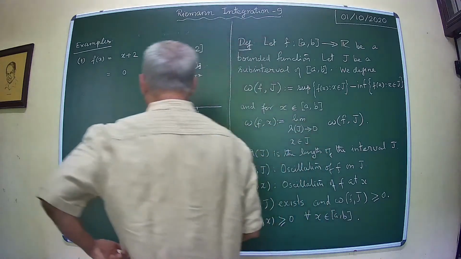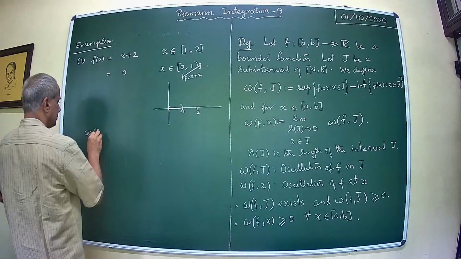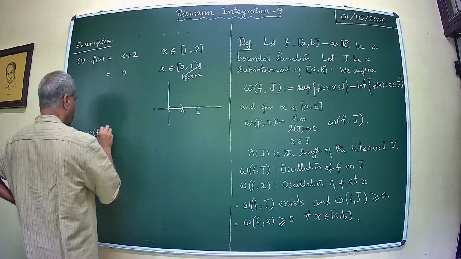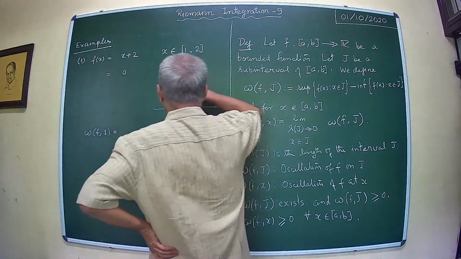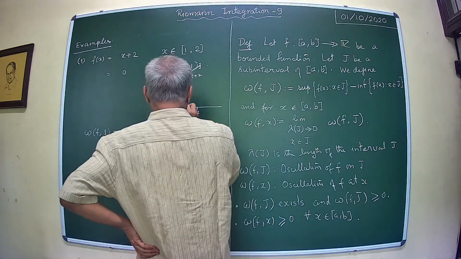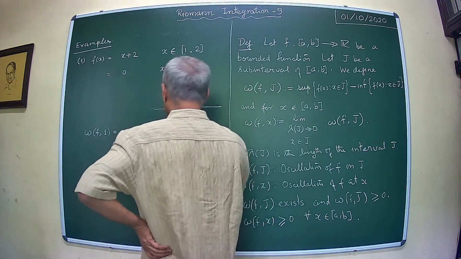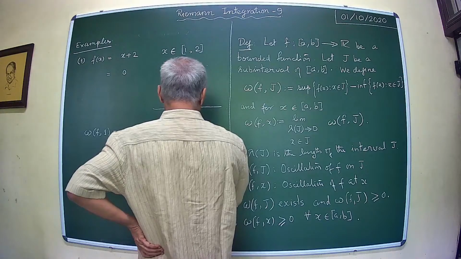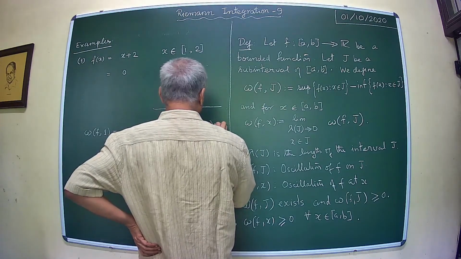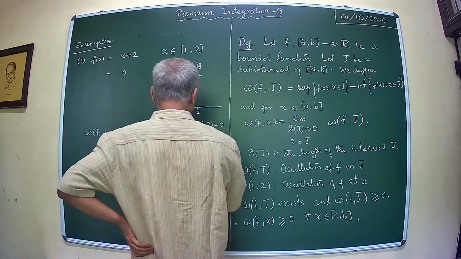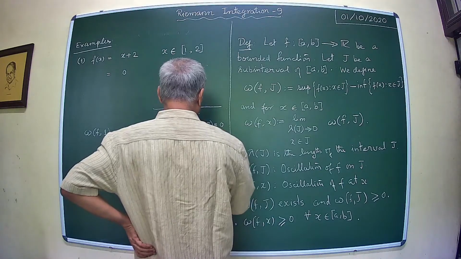Now let us calculate omega f at 1. You take any interval j, then the omega f of j is equal to 0 if 1 does not belong to j.